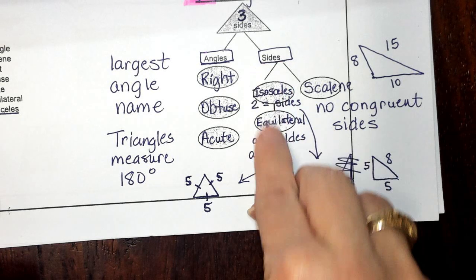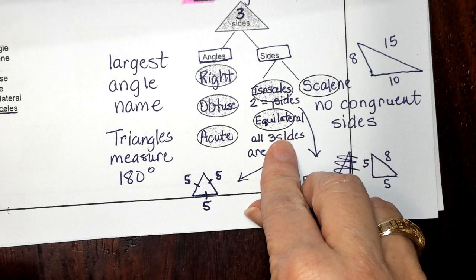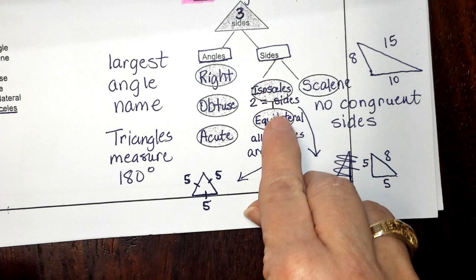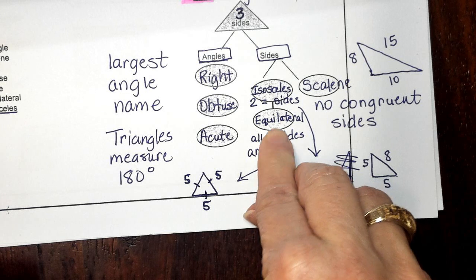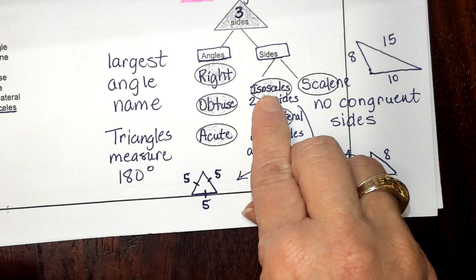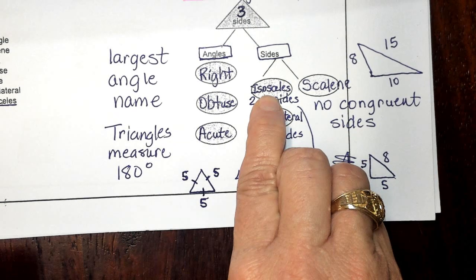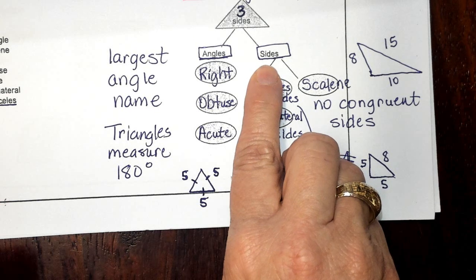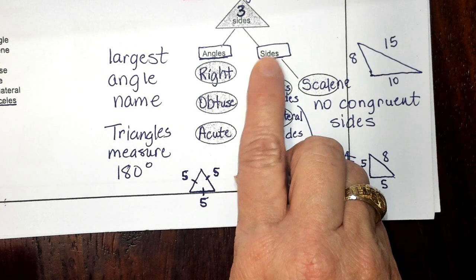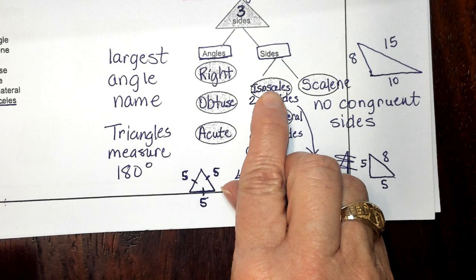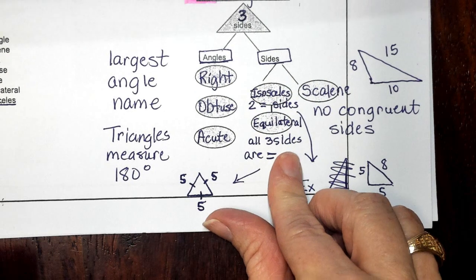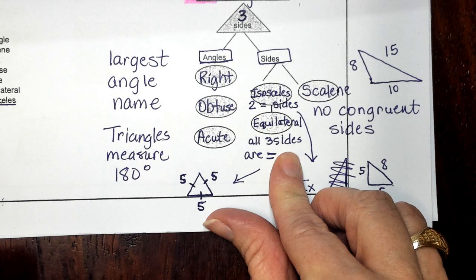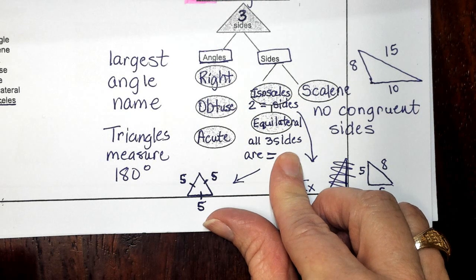So what you need to remember about our flow chart is that if we're at the bottom and we call it equilateral, we know it is automatically called isosceles as well. You can flow up the chart and be called the same thing. Not everything that is up here at the top is necessarily called the same thing at the bottom. Okay? So be very careful and aware of that.